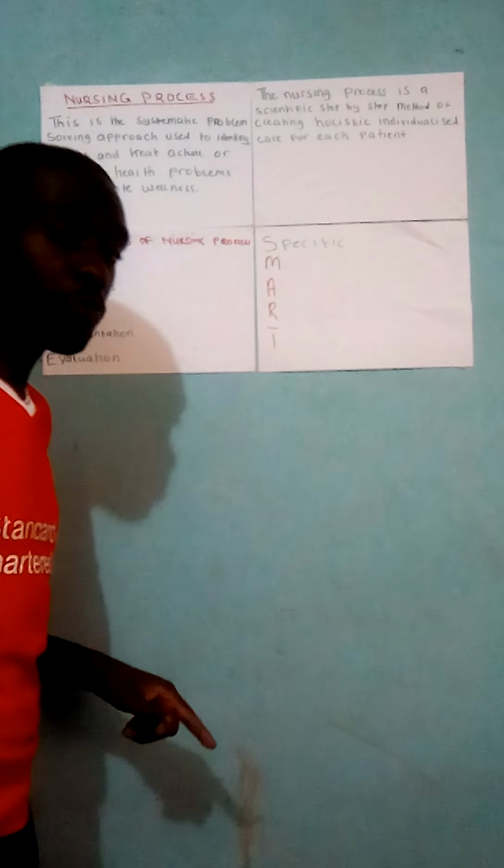So these go by the mnemonic ADPIE. A is for assessment, D is for diagnosis, P is for planning, I is for implementation, and E is for evaluation. ADPIE.